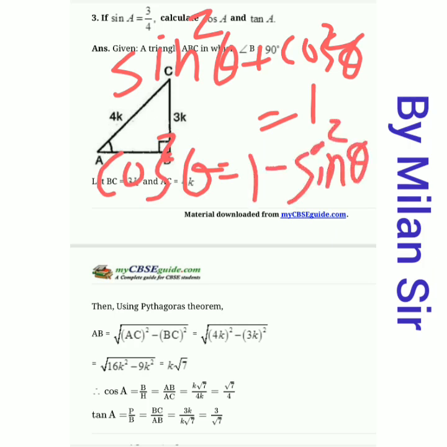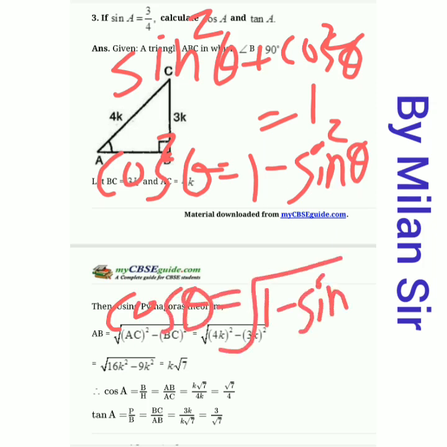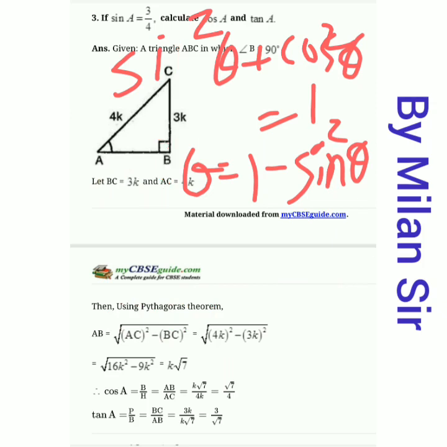And if we want to find cos theta, then we take the square root, so square root of 1 minus sine square theta. This formula we can use here.